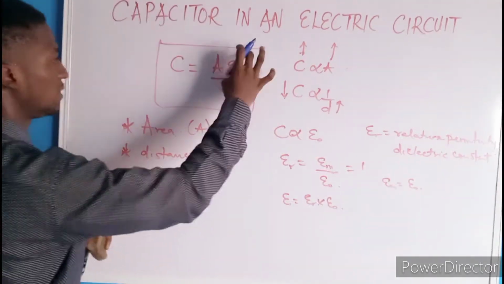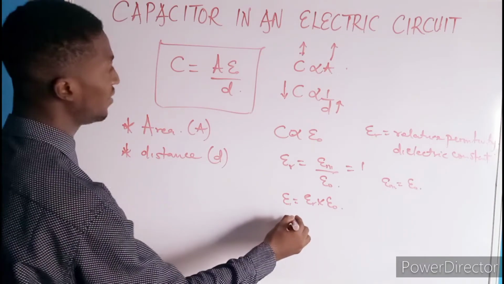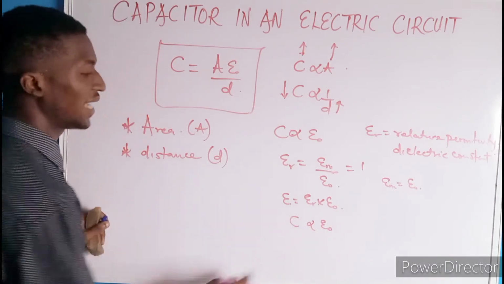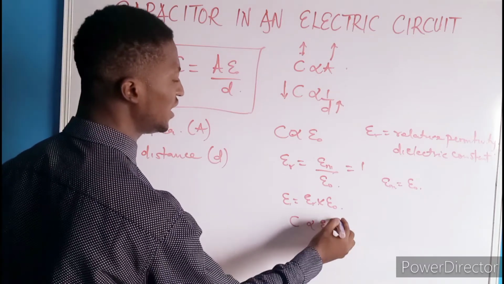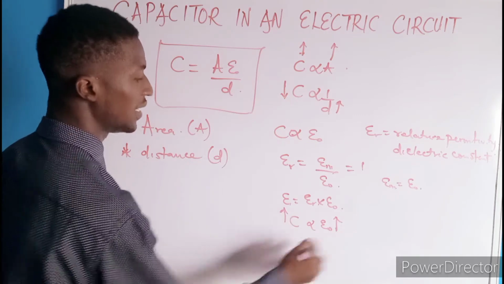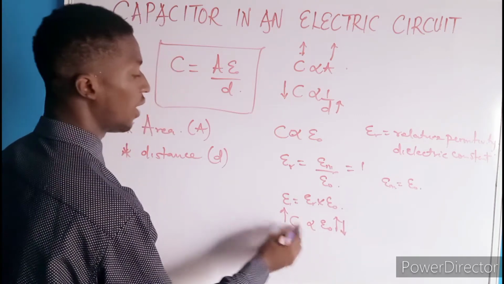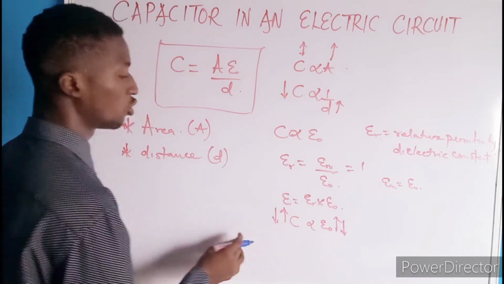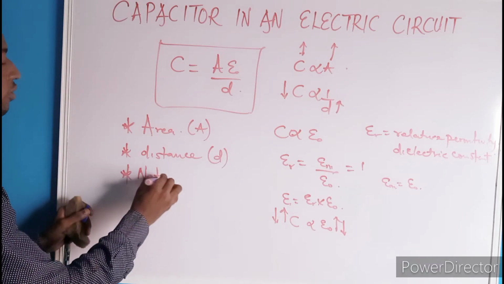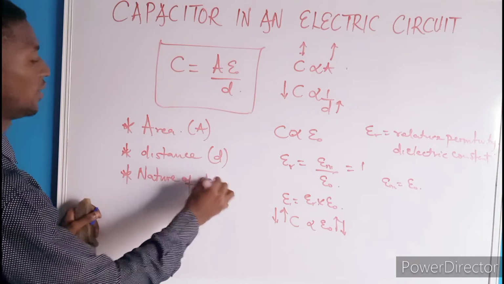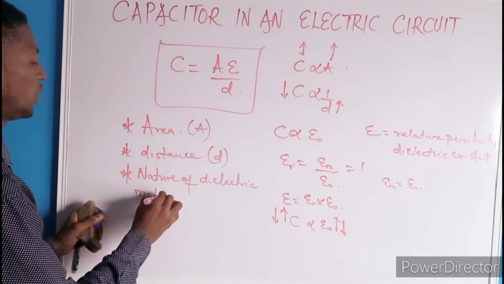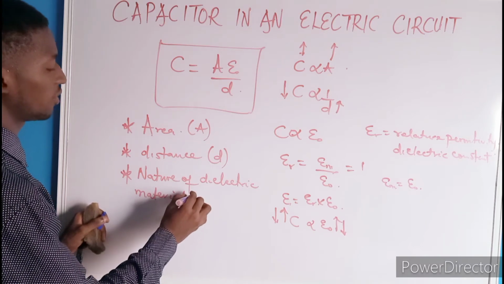Now let's compare it with this. From this illustration, we also have that C is directly proportional to the permittivity. Meaning that as the permittivity increases, so does the capacitance, and as the permittivity decreases, so does the capacitance. We call it the nature of the dielectric material.